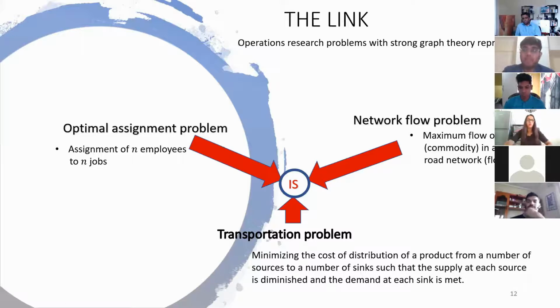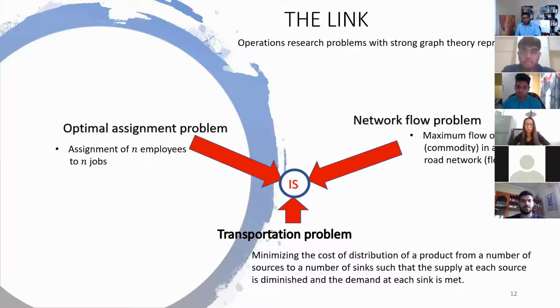If we think that a vehicle carries a certain amount of goods, and there are many roads from a specific source to a destination, then what is the optimal route from the source to the destination such that you can send as much of this commodity as possible?